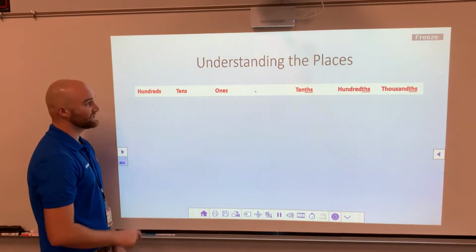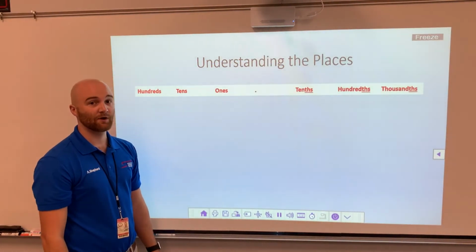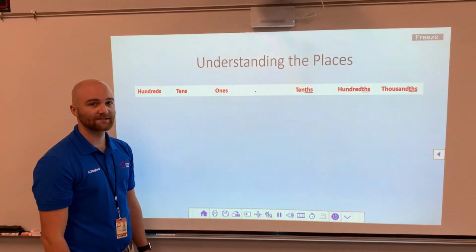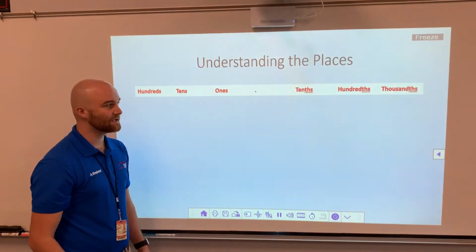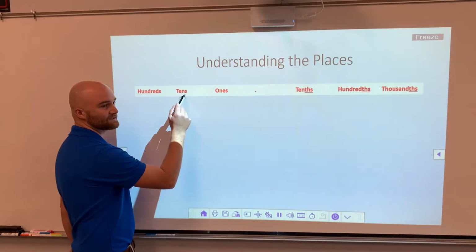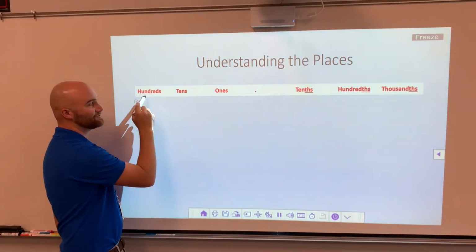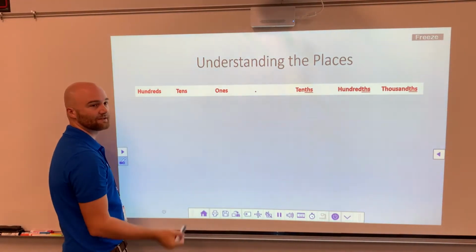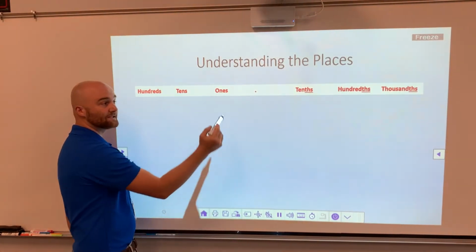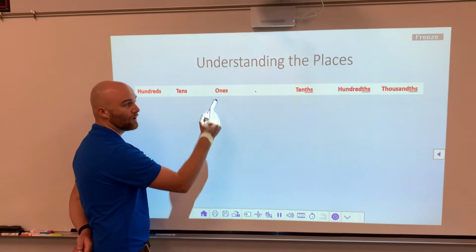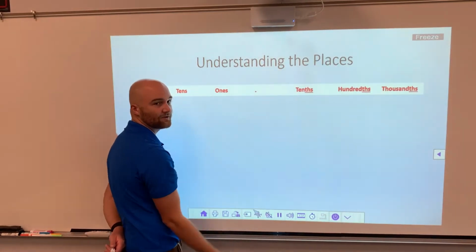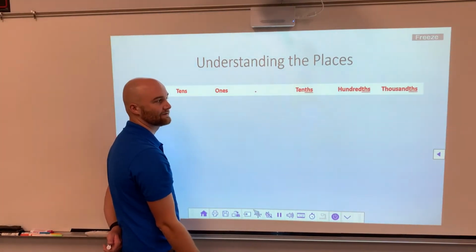Each one of these is 10 times bigger than the one to the right. Oh, that sounds a little complicated. Let's make sure we understand that. Tens are 10 times bigger than the ones, and hundreds are 10 times bigger than the tens. The same thing is true for the ones. Ones are 10 times bigger than a tenth.